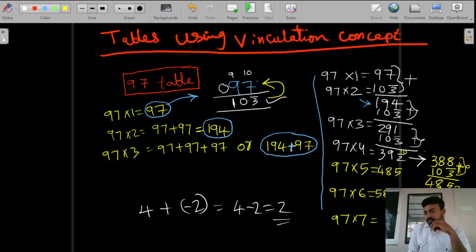Here we got the answer in vinculated format. To convert it into a normal number, you have to devinculate it. We have only one digit with bar, last from 10: 10 minus 1 is 9. Now in devinculation you have to take the predecessor. So this would be the answer.